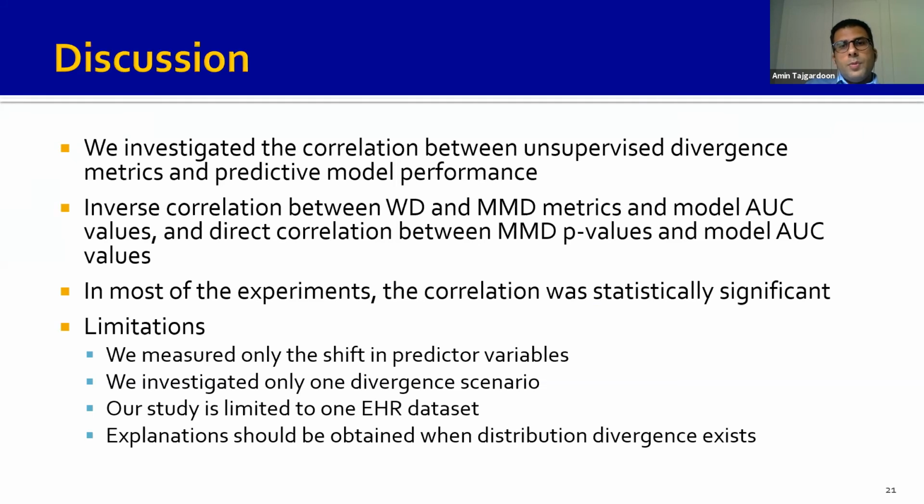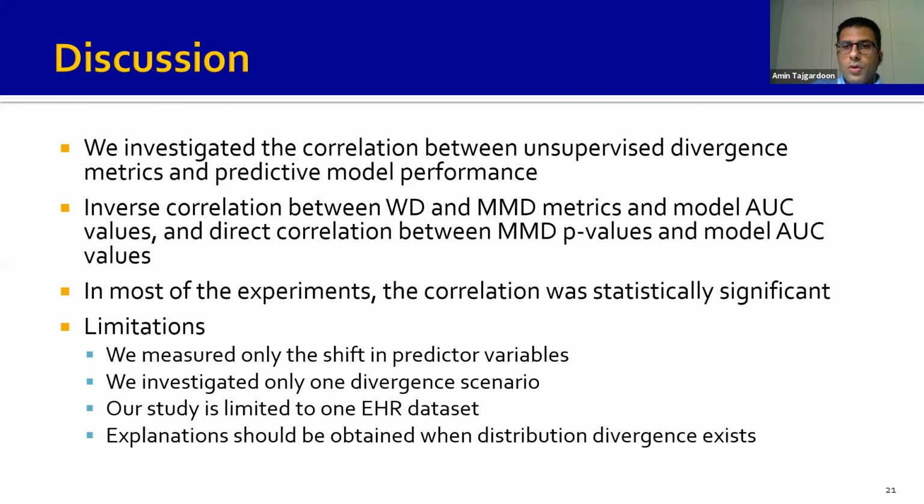So in conclusion, we investigated the correlation between unsupervised distribution divergence metrics and predictive model performance. Specifically, we analyzed the effects of divergence across ICU datasets from different hospitals on predictive modeling.